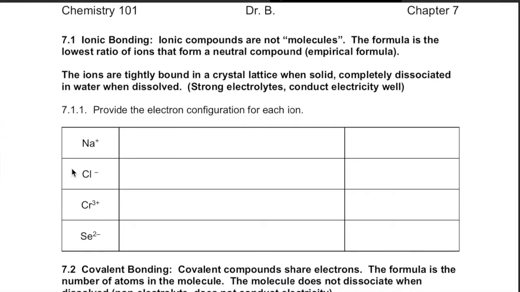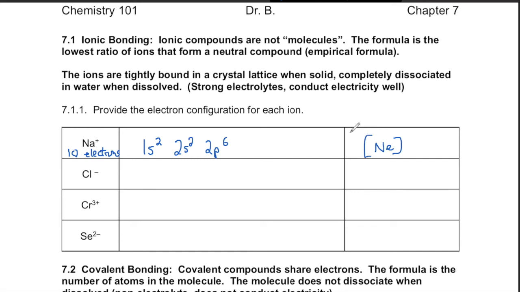The only other thing that they mention in section 1 of chapter 7 is the electron configuration for an ion, as opposed to just the element. So the element sodium has 11 electrons. A sodium ion would have 10 electrons. And so it would have the electron configuration 1s2, 2s2, 2p6, which is the same electron configuration as neon, one of the noble gases.